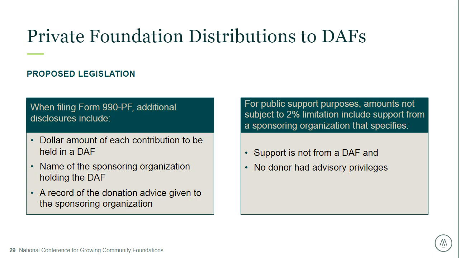Some of that information can be personal to the donor advised fund, to the private foundation, and so having to make these additional disclosures may be problematic for some private foundations. For public support purposes, amounts not subject to the 2% limitation include support from sponsoring organizations that specify that support is not from a DAF and that no donor had advisory privileges. So a few additional requirements with respect to disclosure.